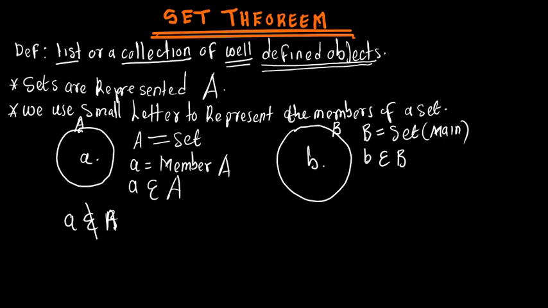The same thing applies here. If b is not a member of set B, then we say that b is not a member of set B. Okay? So this is what you're supposed to know. Now, the elements that are found in these sets, they are separated by commas and they are enclosed in what we call brackets.